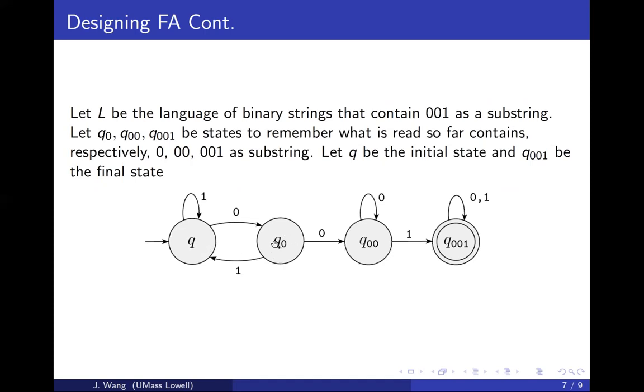But if you are in Q0, which means I have read 0, and you read 0 for the new input, then you go to Q00. That indicates I have read 0 and 0, right? If this time I read 0, then I still have read 00, so I'm going to remain. If I read 1, that means I have read 001, so I'm going to go to Q001.